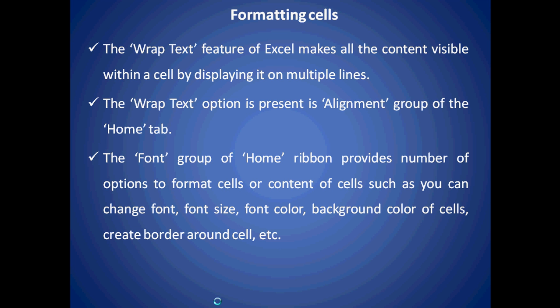In a cell we can convert these lines into paragraph style with the help of the wrap text feature. The wrap text option is present in the Alignment group of the Home tab. Keep in mind, on the Home tab we can use wrap text.